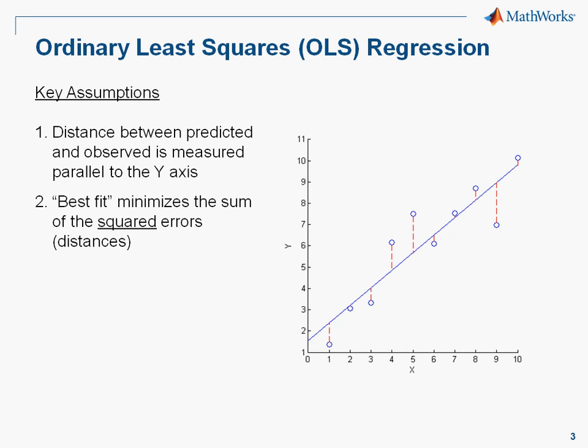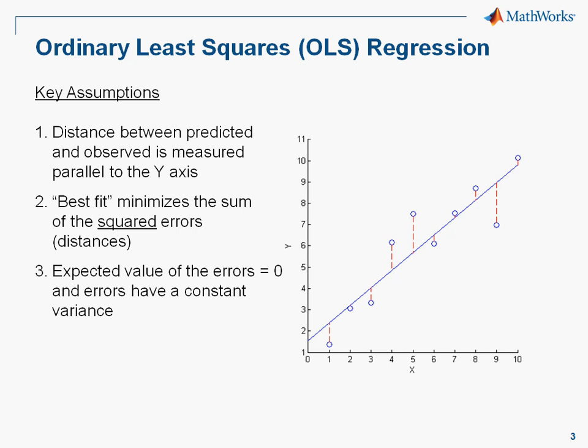Our second assumption has to do with the distance metric we're applying. When we use ordinary least squares, we're minimizing the sum of the squared errors. In theory, there's no reason why we couldn't minimize the sum of the absolute value of the errors instead. In fact, there are occasions when this technique, which is formally called L1 regression, will generate better results.